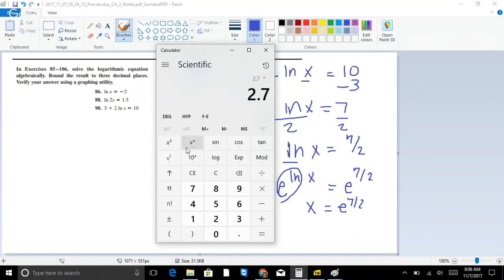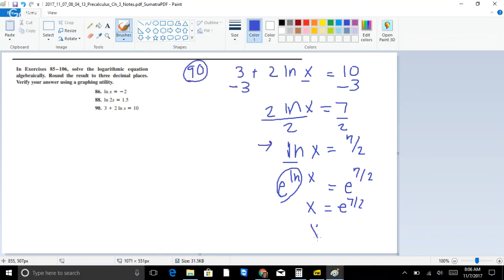Oh, here we go. 2.7 to the 7 divided by 2 power is about, this is a very rough calculation. When I actually did it, I used my graphing tool. So x is about 33.11. I know that's not what I showed on my screen. That's because I used the wrong value of e.